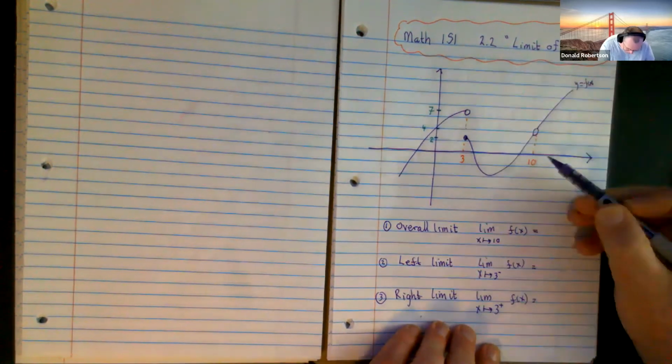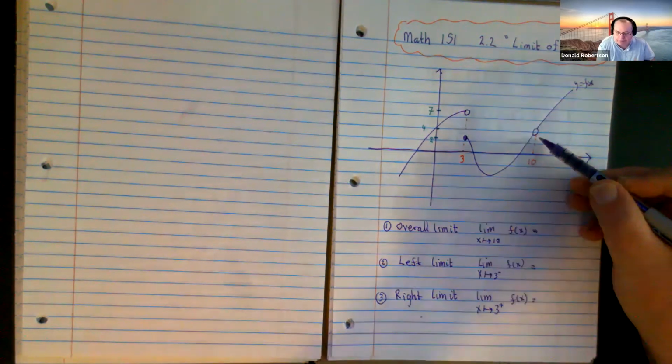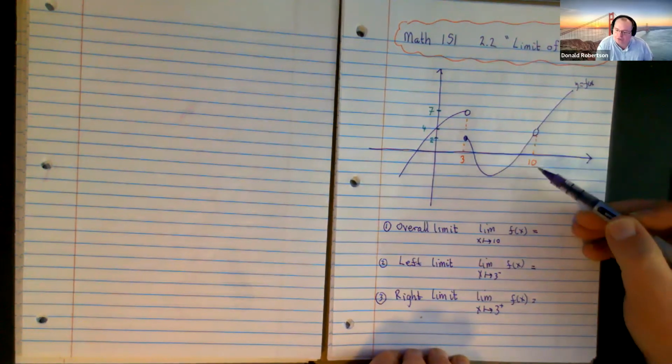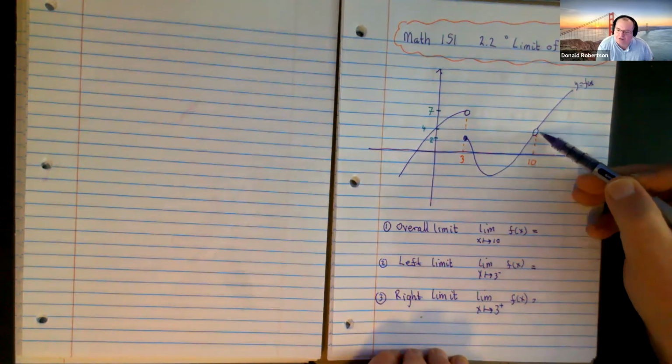So here's an example of a function, y equals f of x. An overall limit would be like here at 10. You see how there's a little hole. Remember yesterday you did it in Desmos and it didn't work perfectly, but there was a hole there, right? Well, you would agree that as the x coordinate gets closer and closer to 10, this function is trying to arrive at that hole.